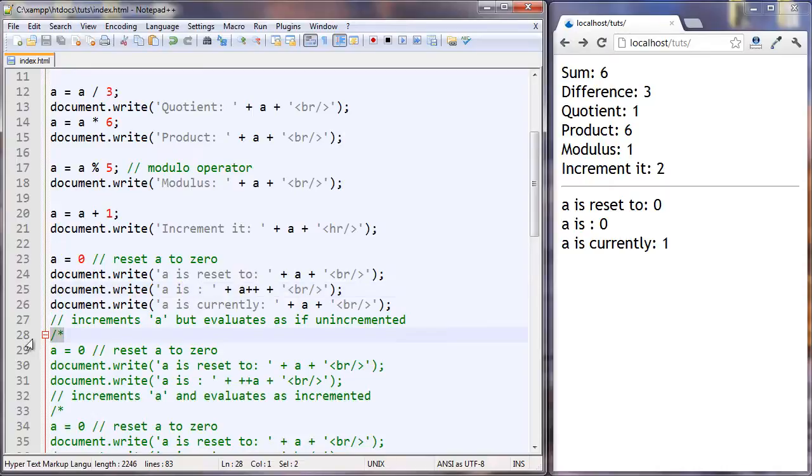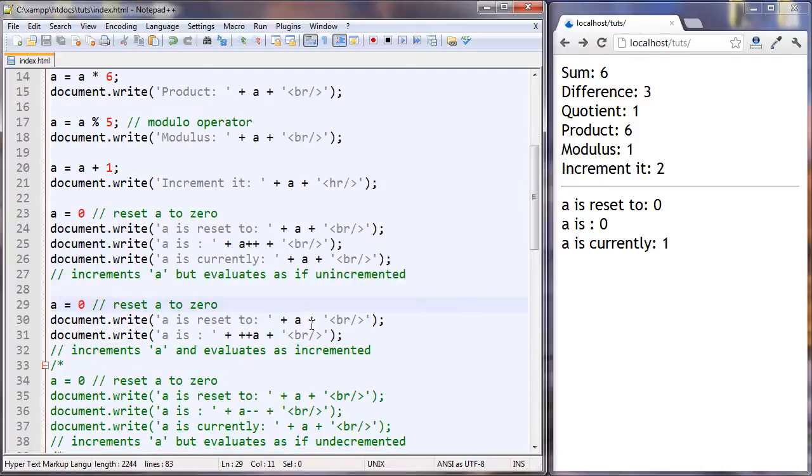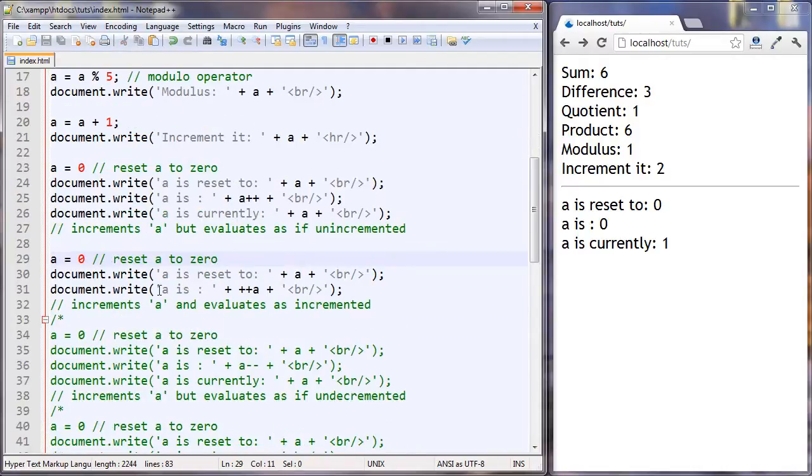Right? Let's see the difference with the next one. Resetting A to 0. We're writing it out just to check it. And here "A is" concatenate, now plus plus A. So we're moving these two pluses to the front now, and the difference here is it's incrementing A just like this guy did, but itself is going to evaluate as if it were incremented.